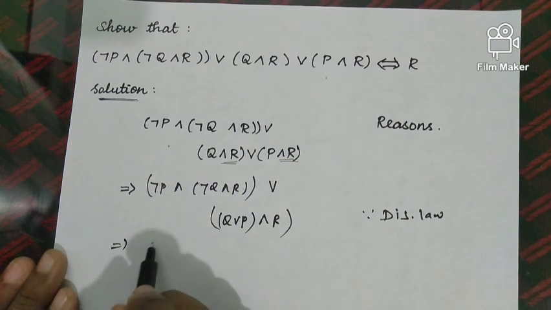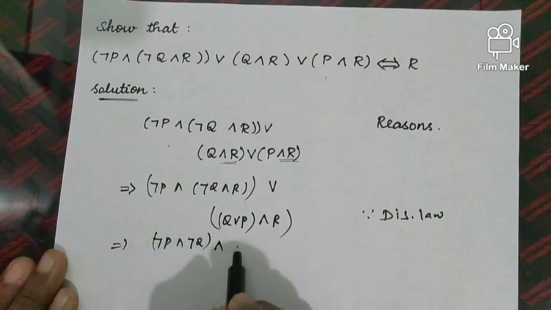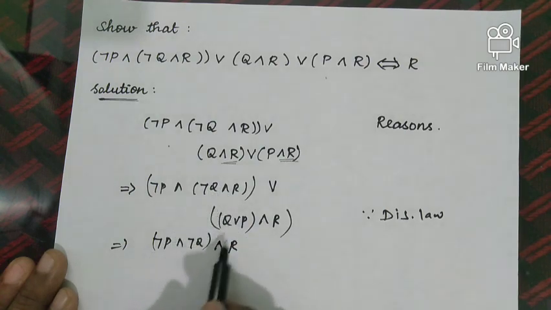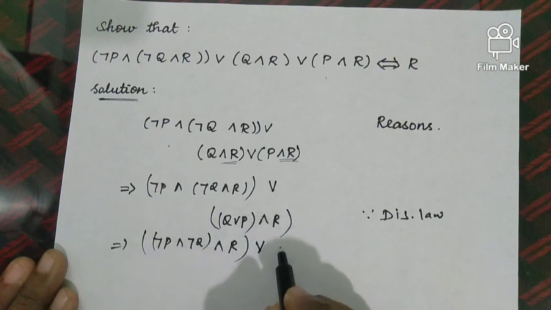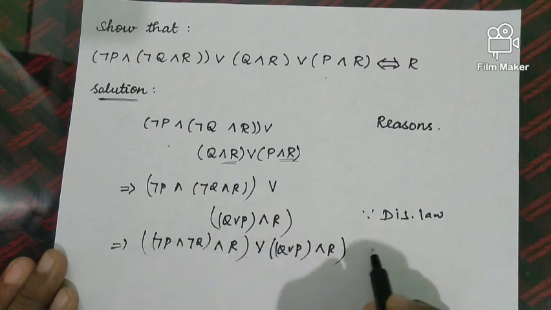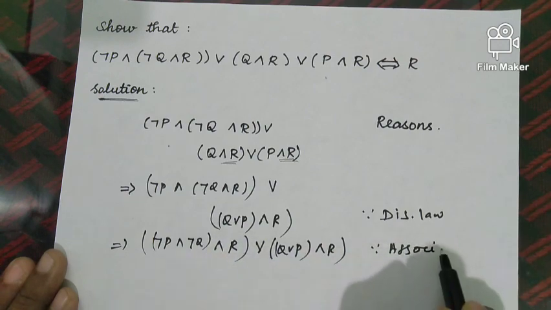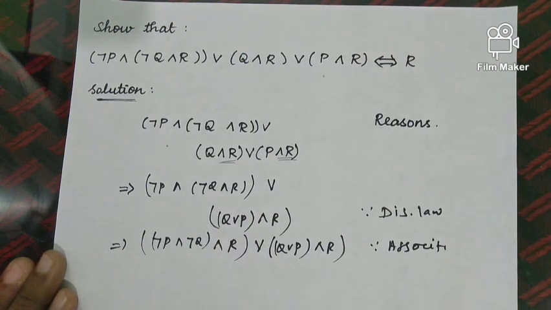So this can be written as (negation P and negation Q) and R. Then the second term as it is, (Q or P) and R, we keep the second term as it is. So here we have applied the associative law. When can we apply the associative law? If two symbols, look at this, here is 'and', here is also 'and', the same operator is there, we can apply the associative law. Okay.